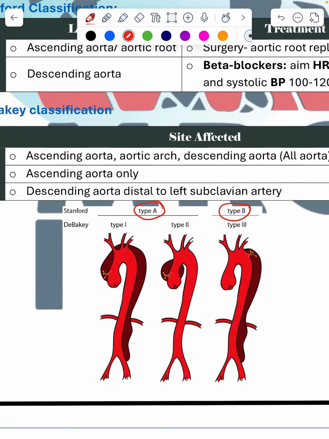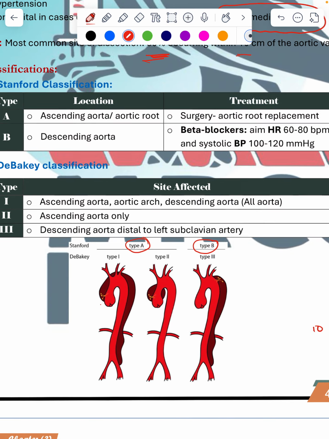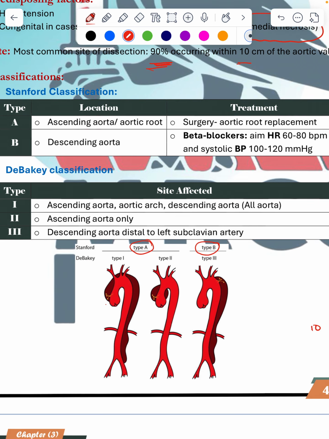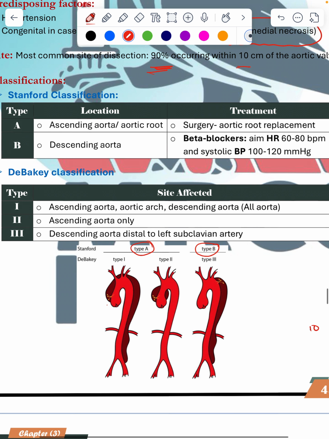This is the aorta, this is the arch of the aorta, and this is the descending aorta. So from the aorta, this is the root. If it is beyond this arch, type B is from the start of the descending. So ascending and arch is type A, and descending is type B as per Stanford.